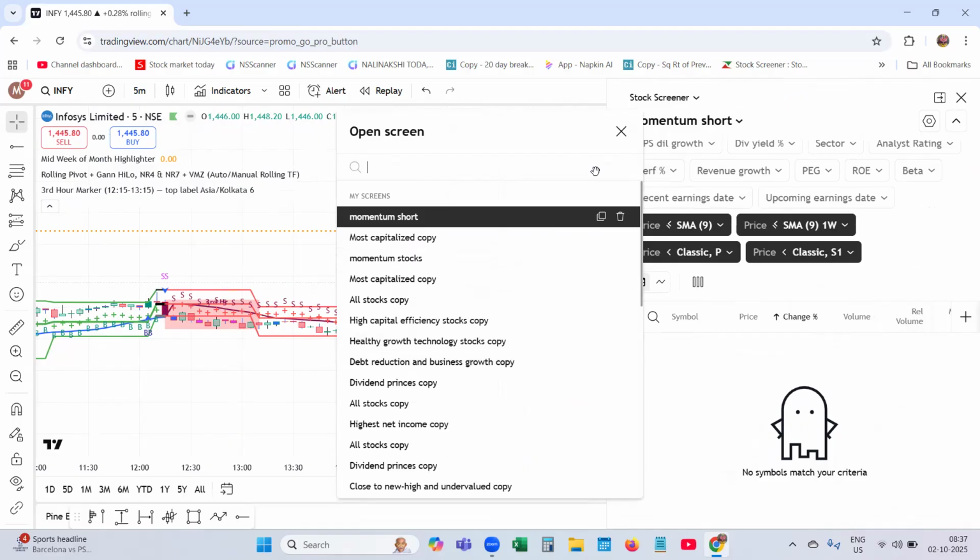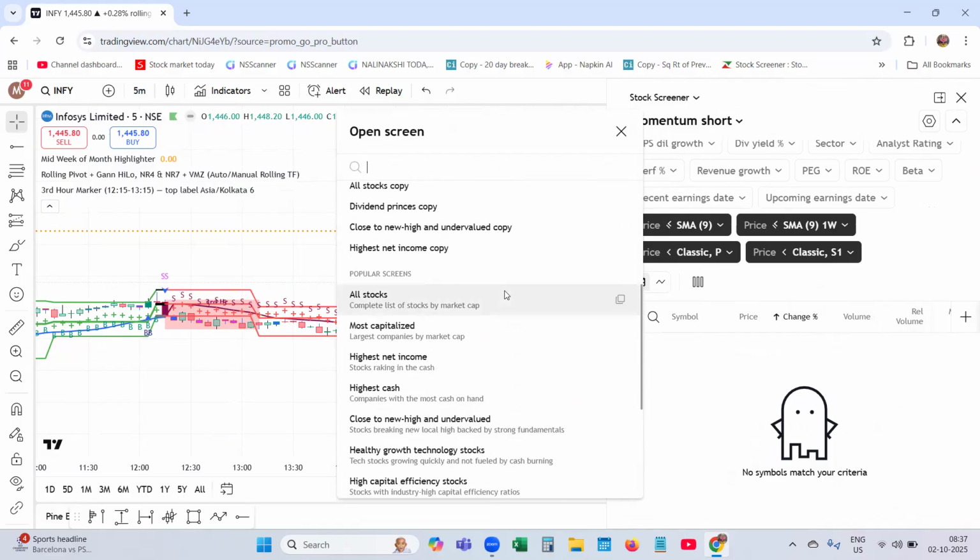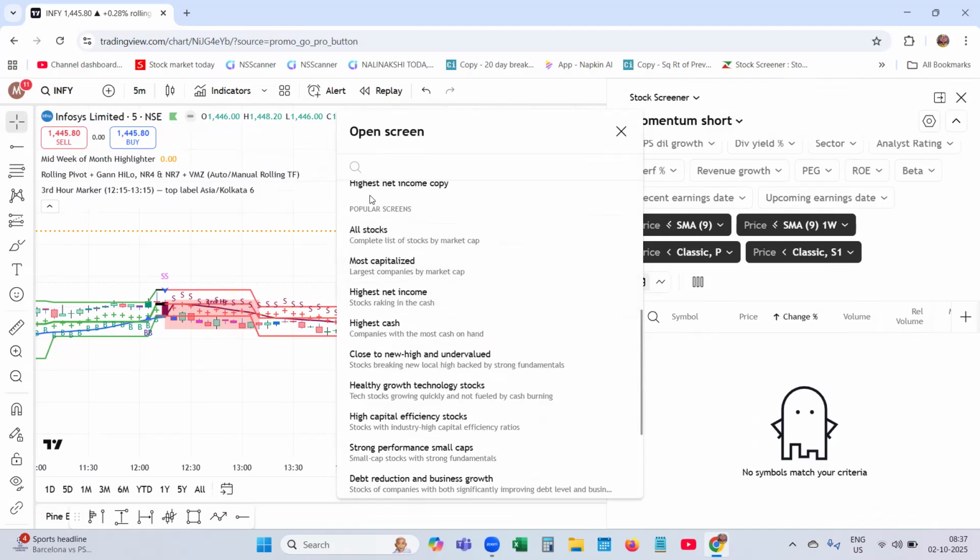If you open the screener, TradingView is an amazing platform which gives you inbuilt screeners. A person from India or the UK or somewhere may not know about the US stocks or any other country. You can drop down, and you can access it.